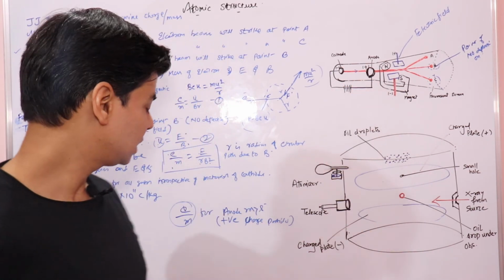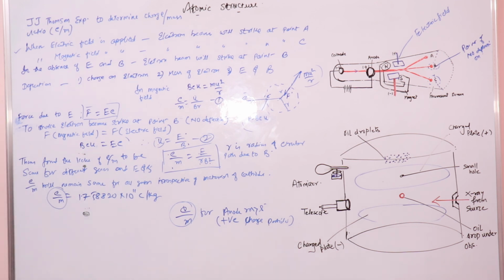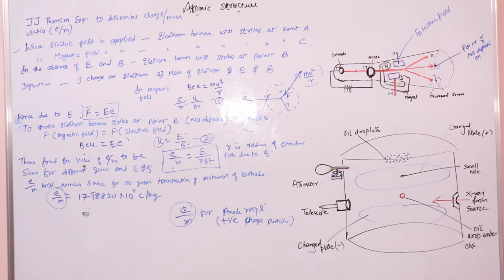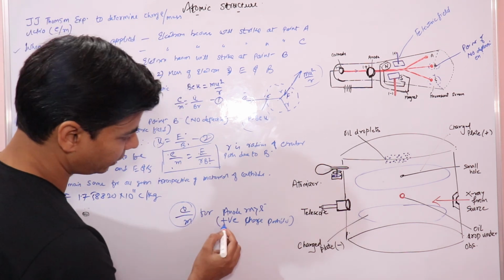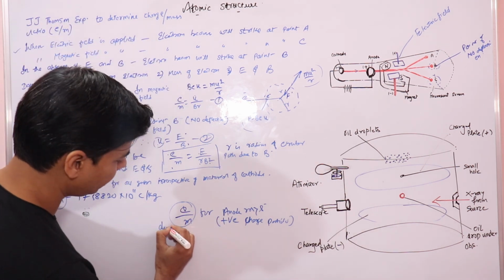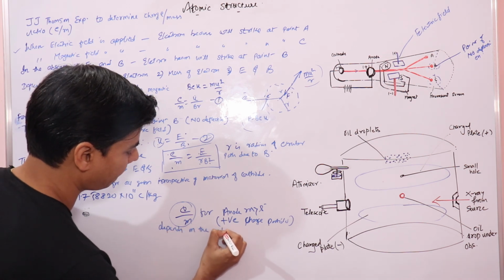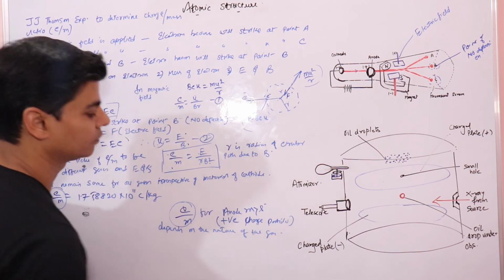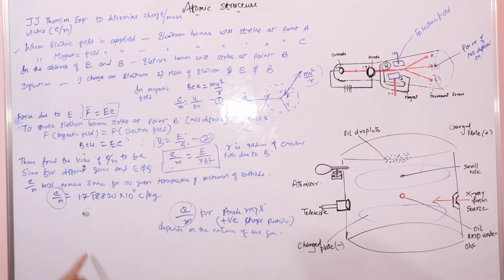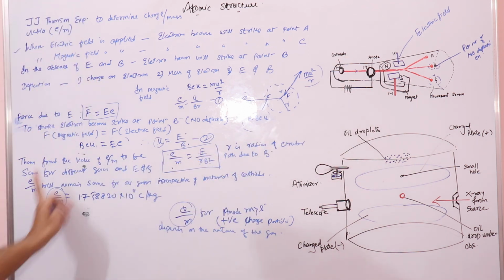For different gases, e upon m would be different for positive ions which are cations. So e upon m for anode rays depends on the nature of the gas, and here e upon m does not depend on the nature of the gas or the material of the cathode. It would be same for every sample, right?